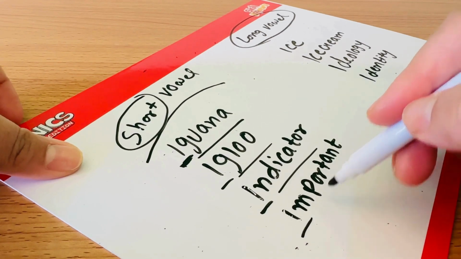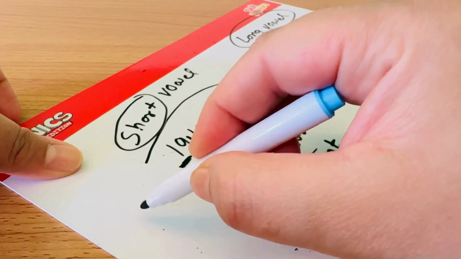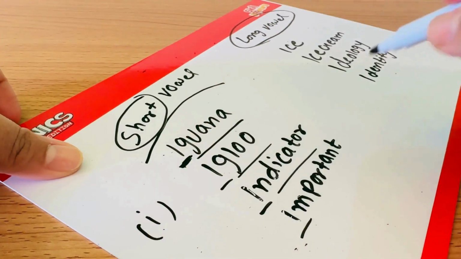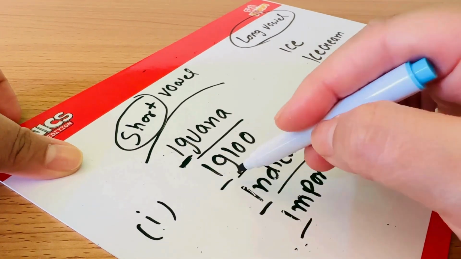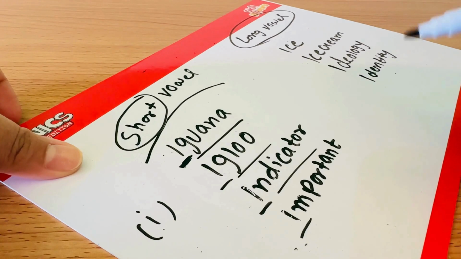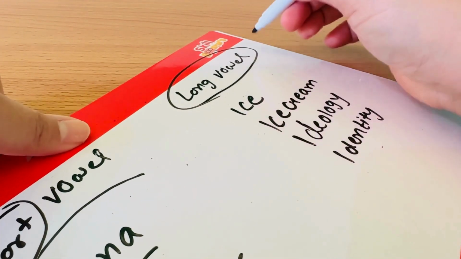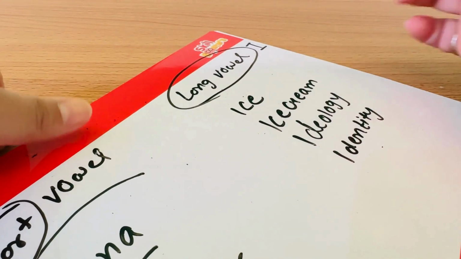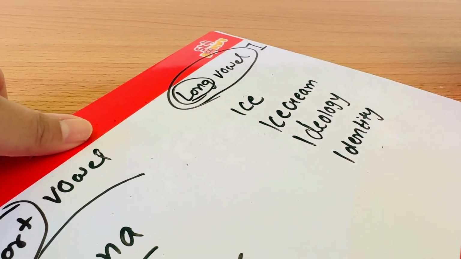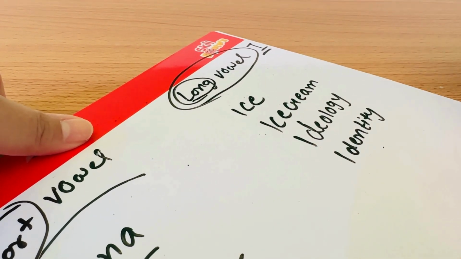So I. Important. Short vowel sound is I. Iguana, I. Igloo, I. Indicator, I. Important. Now, let's look at the long vowel sound of letter I. Just because it is saying long, the sound will be the original sound of the letter.